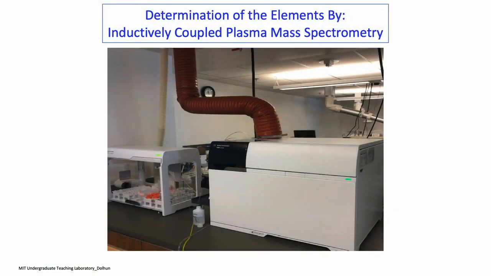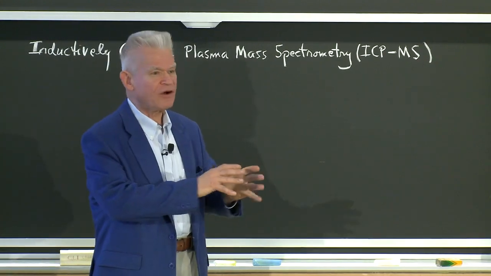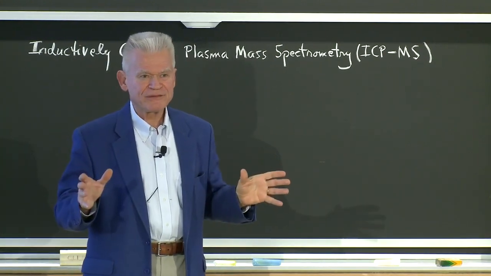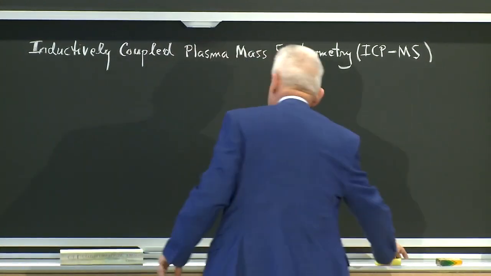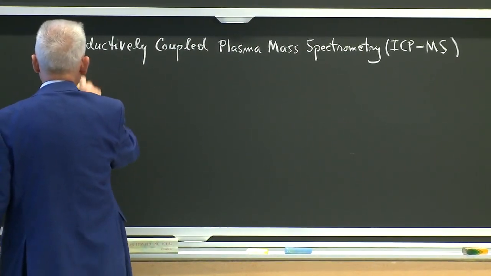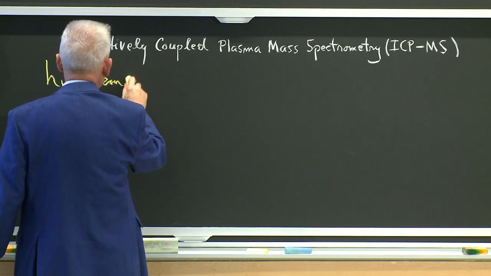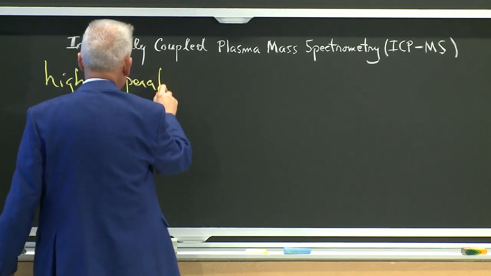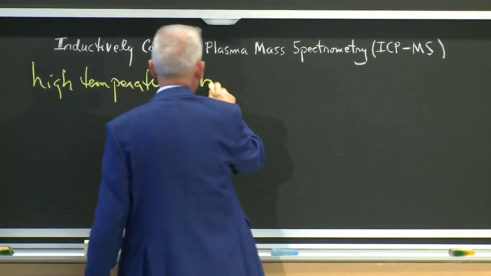So, inductively coupled plasma mass spectrometry. There are two things that separate this from all other forms of mass spec, and they are high temperature and high energy.